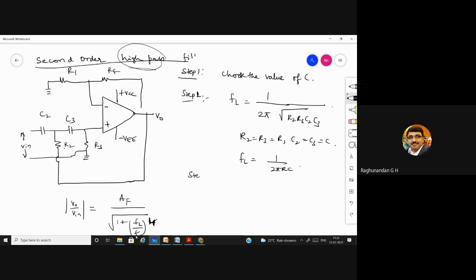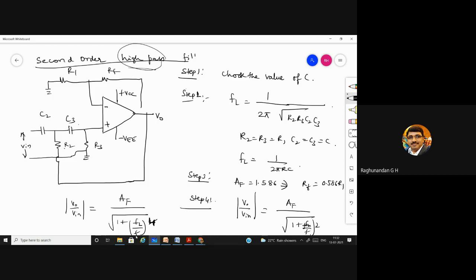And also from step 3, the gain is as usual 1.586. So this implies RF is equal to 0.586 into R1. So finally, if they're asking you to find the voltage gain, then put V0 by V in is equal to AF by root of 1 plus FL by F.